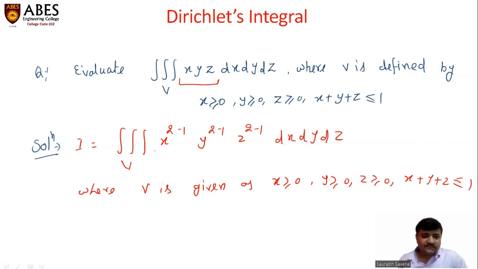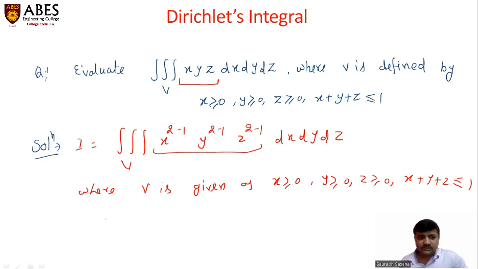Now the two things that I have mentioned, let us observe. The function is in the same form, x to the power something minus 1, y to the power something minus 1, z to the power something minus 1. And the region is also in the same form, x greater than equals to 0, y greater than equals to 0, z greater than equals to 0, and x plus y plus z is less than equals to 1.